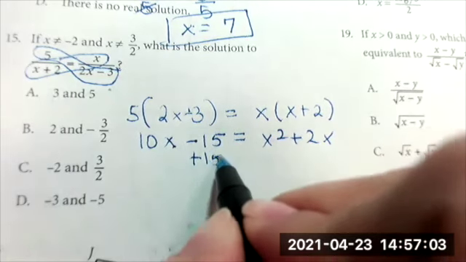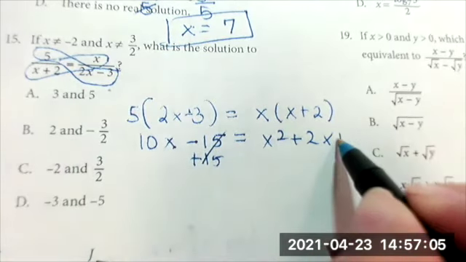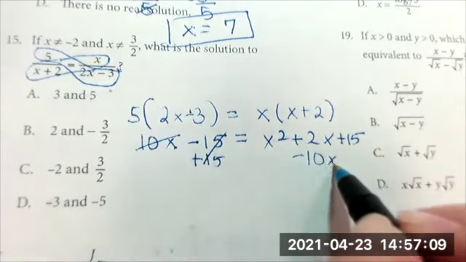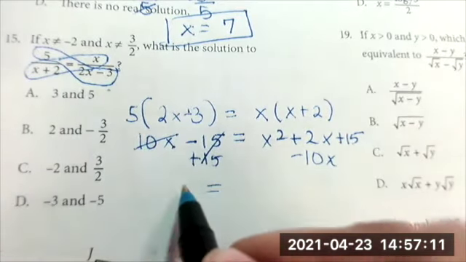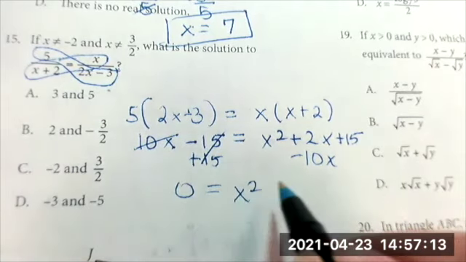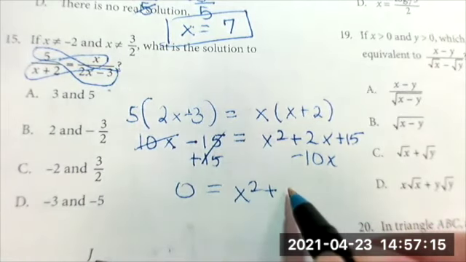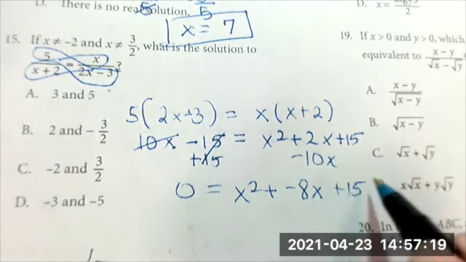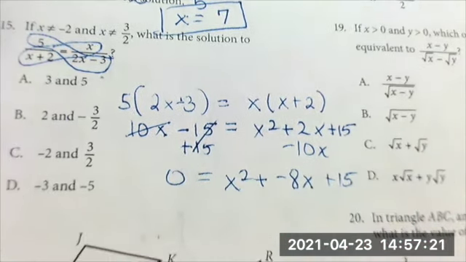Plus 15, negative 10x. So we have 0 on this side. X squared minus 8x plus 15. And now this is just factoring from here.